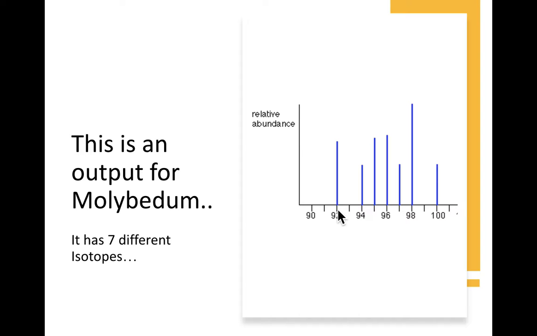It has one that's molybdenum 92, 94, 95, 96, and again, the height of these lines tell you the relative percentage. So what you would do in an IB class or an AP class is you would measure all the lines, add up the total length of all these lines, and then measure a single line and figure out what percent of the overall is that particular isotope. Okay, so molybdenum has a lot of different isotopes.